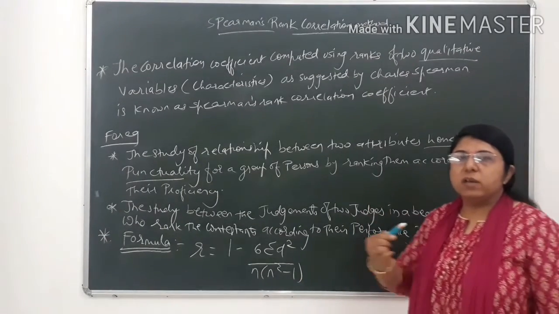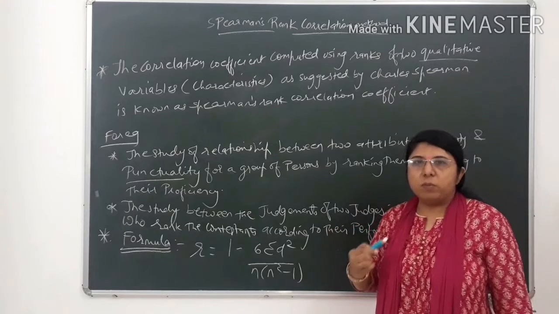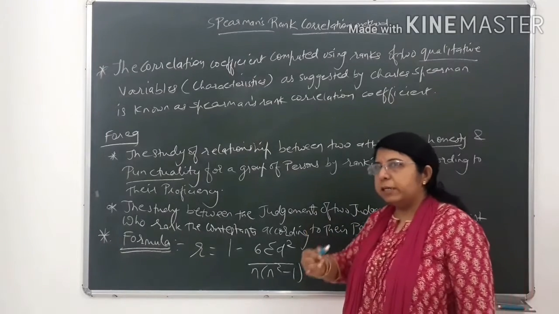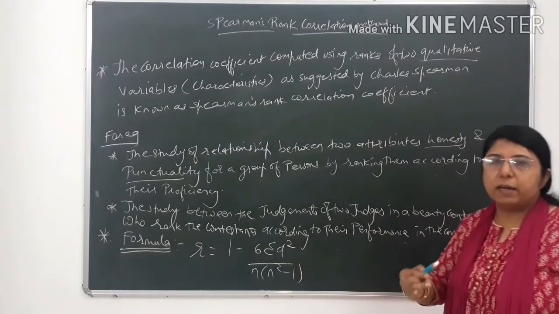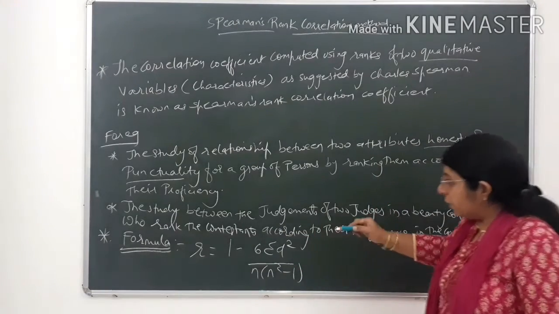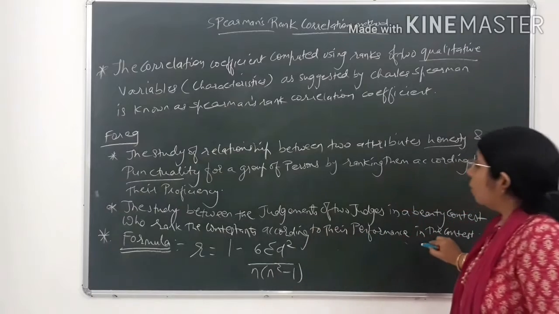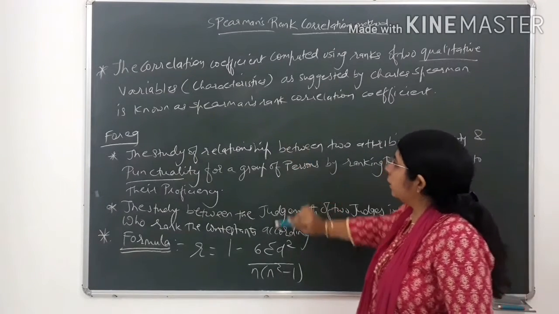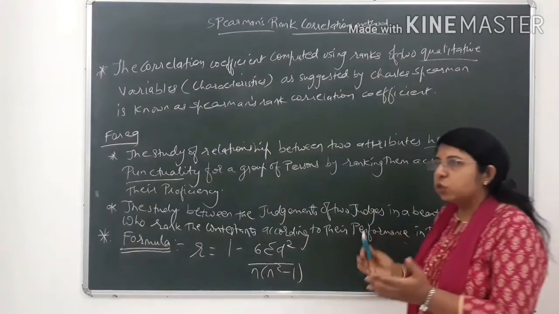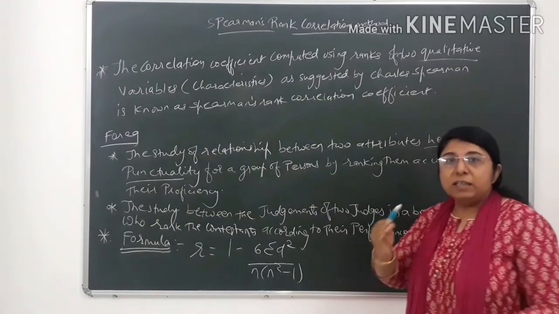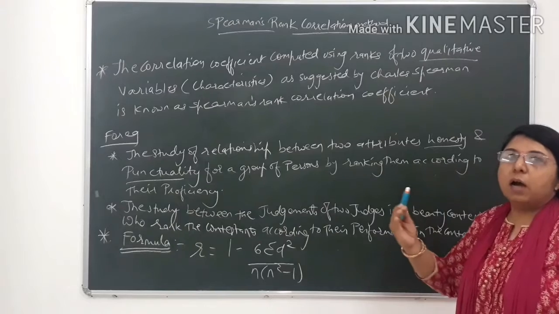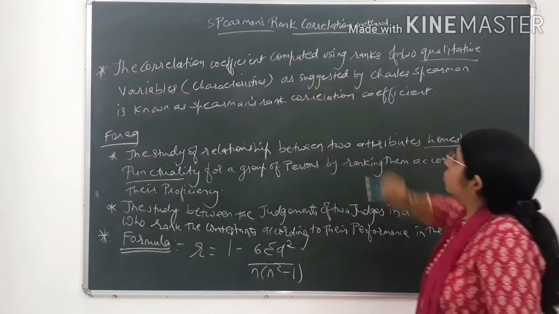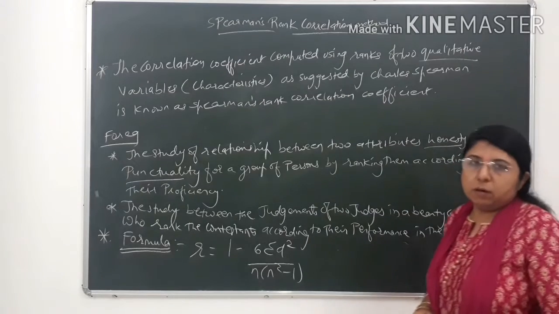The one with the best performance is given the first rank, whose performance is a little lower is given the second rank, and so on, the third rank. So ranks are given on the basis of performance by the two judges. That type of relation between the judgments of two judges is known as Spearman's rank correlation method.